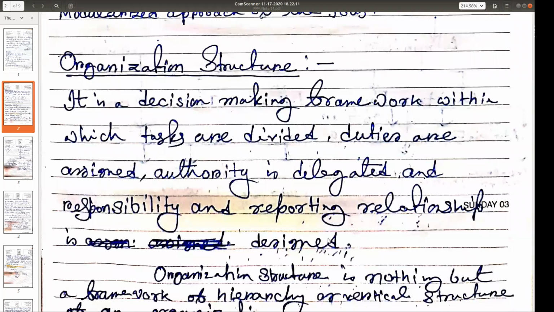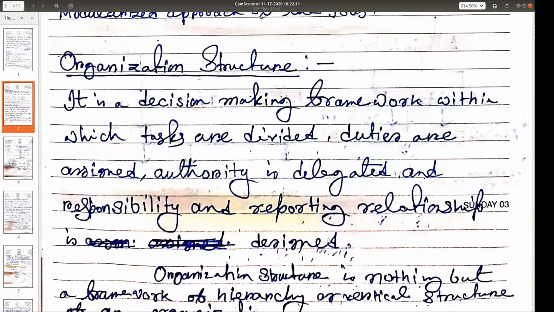Actually, different organizations have different structures. Organization structure means whatever is written here: it is the decision-making framework within which tasks are divided.